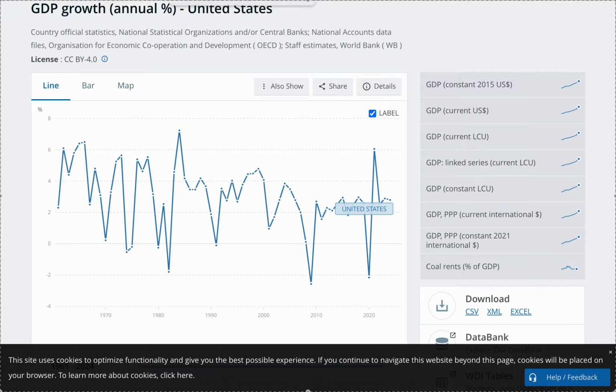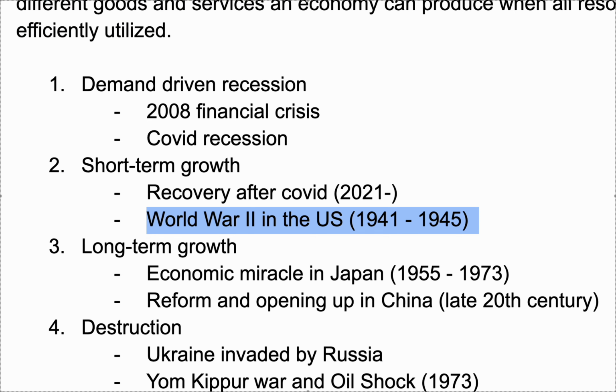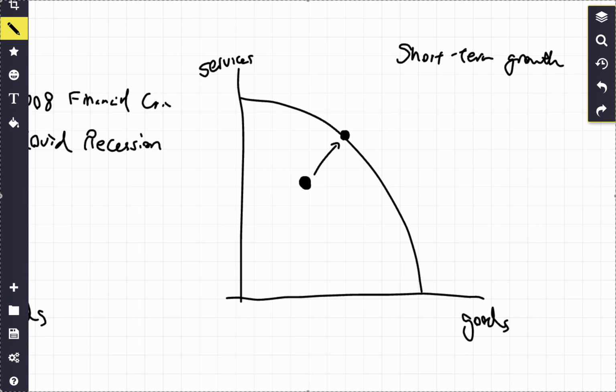I haven't found the statistics for this, but the same thing happened in World War II in the US. What happened is that the economy was somewhat in recession after the Great Depression, or still sluggish, with more unemployed people. But World War II happened. Japan attacked Pearl Harbor, and the Pacific War started.